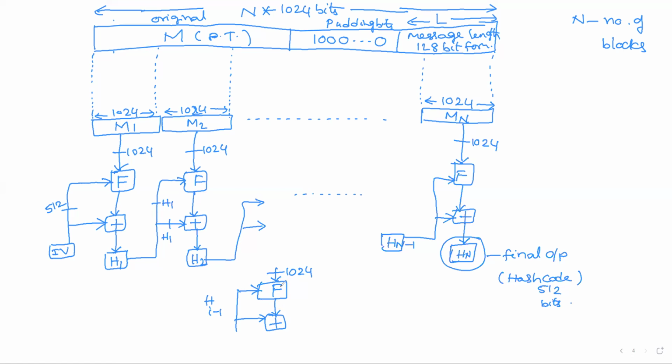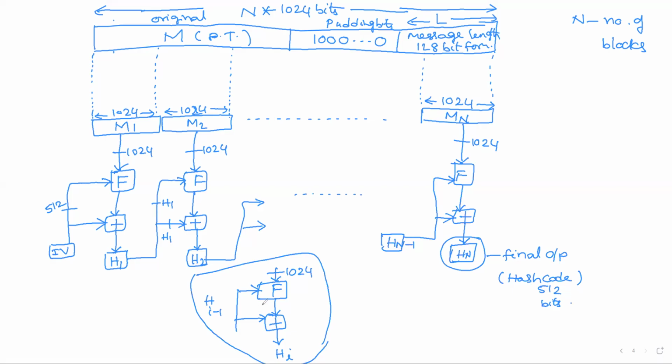Another input is the output of the round function. Then it produces hash code Hi. While producing Hi, we are using Hi minus 1 of the previous block. So this is just a block diagram of how the message is processed and how the hash code is generated.